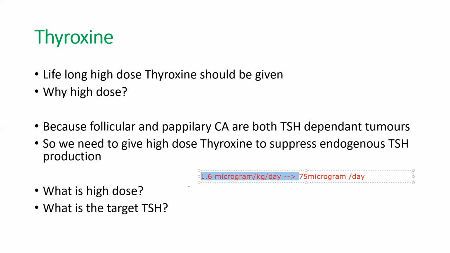High dose thyroxine means we give 2.1 microgram per kg per day. The starting dose can come up to more than 100 microgram per day. Thyroxine should be taken early morning, at least half an hour before breakfast, on an empty stomach.